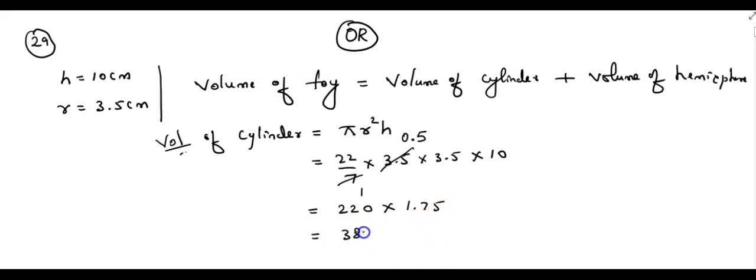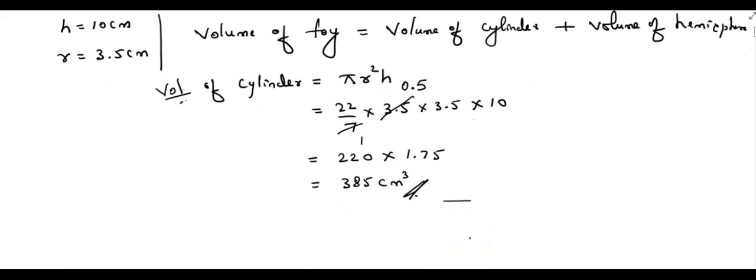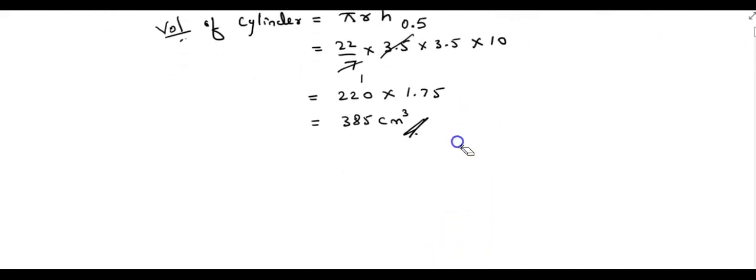Then you get 385.0. So it's nothing but 385 centimeter cube because we are finding volume. Any doubts? Concepts are clear? Very good. Understood the calculation part? Good. Now let me solve the volume of hemisphere.